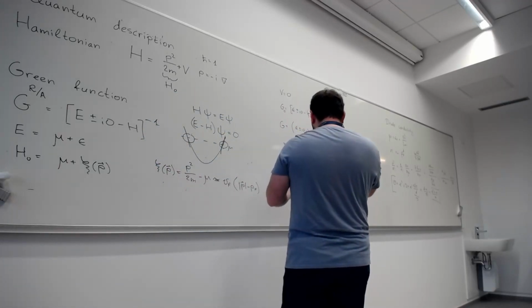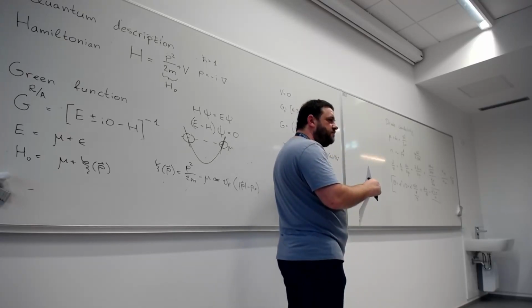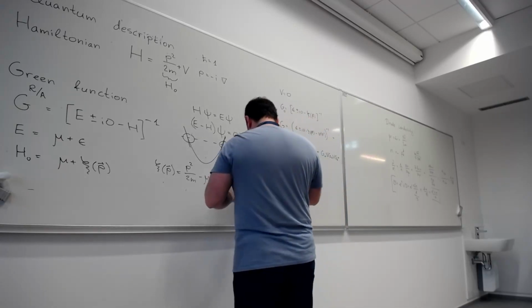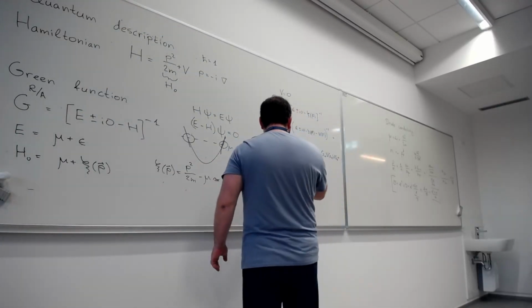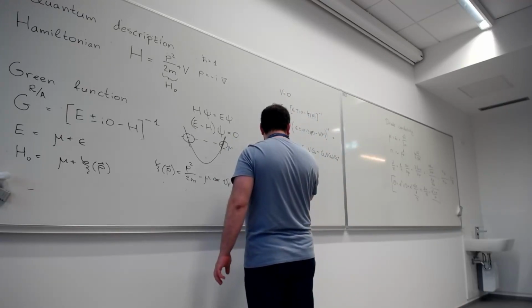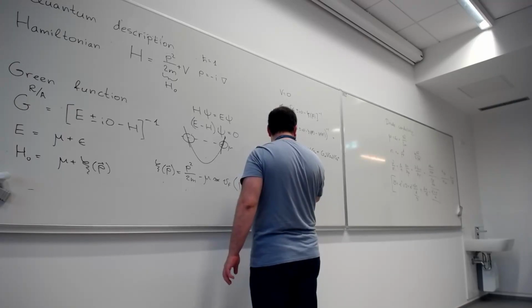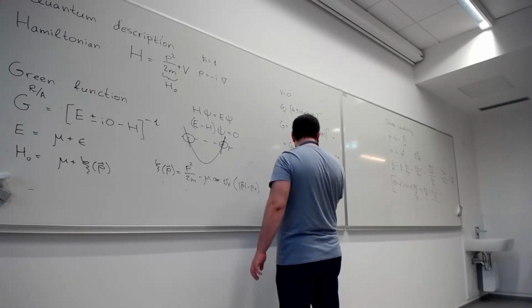And to do something more with this, we should assume something more about this disorder potential that we have here. A very general assumption that is usually made at this point is the model of Gaussian white noise disorder.